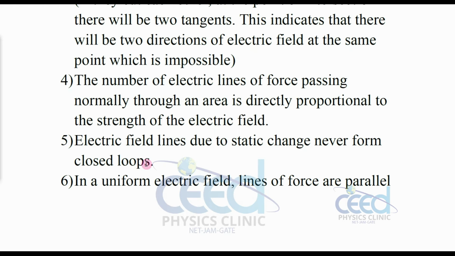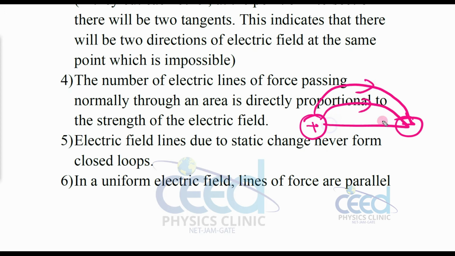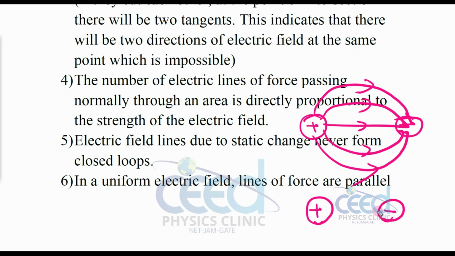Suppose you have two charges, one positive and the other negative. The field lines always start from positive and end in negative. If the lines went from negative back to positive, that would form a closed loop, but that never happens because the arrow mark is always directed like this. So field lines never form a closed loop; they always start from positive and end in negative charge.